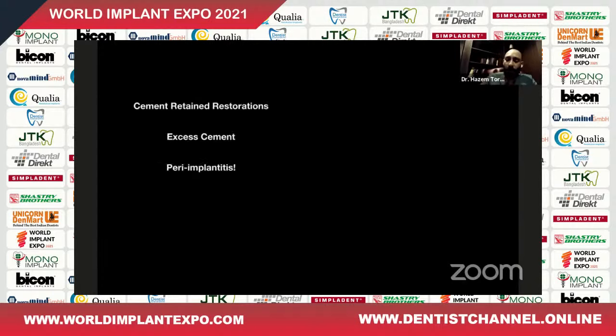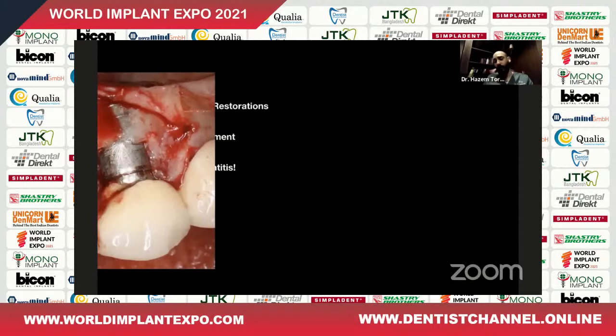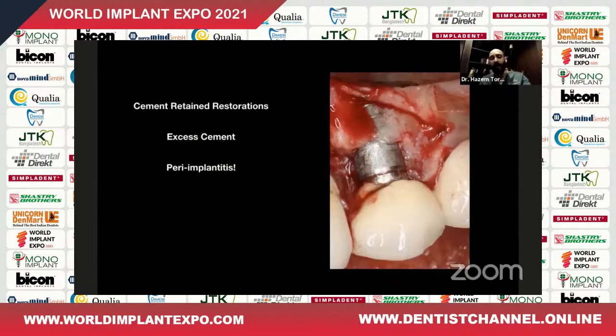Now, recently there has been a big trend to change into screw retained restorations, and I believe it's safe, and it removes a big part of the headache in implant dentistry, which is excess cement and peri-implantitis, which can cause bone loss. And you can see here the excess cement has led to a significant amount of bone loss.